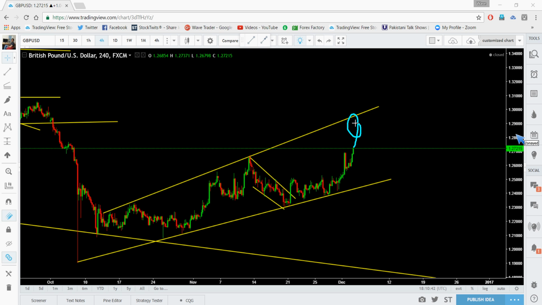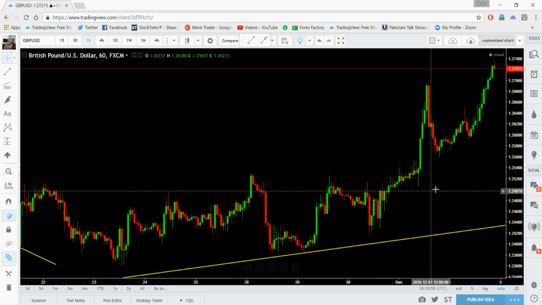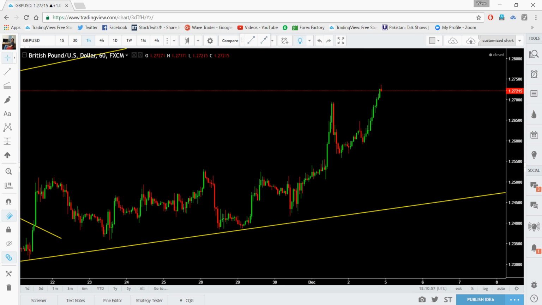And if we see some nice impulse to the downside before hitting this place, then definitely we're going to look for continuation. Something like this. Impulse continuation pattern, but it did not continue to the downside.